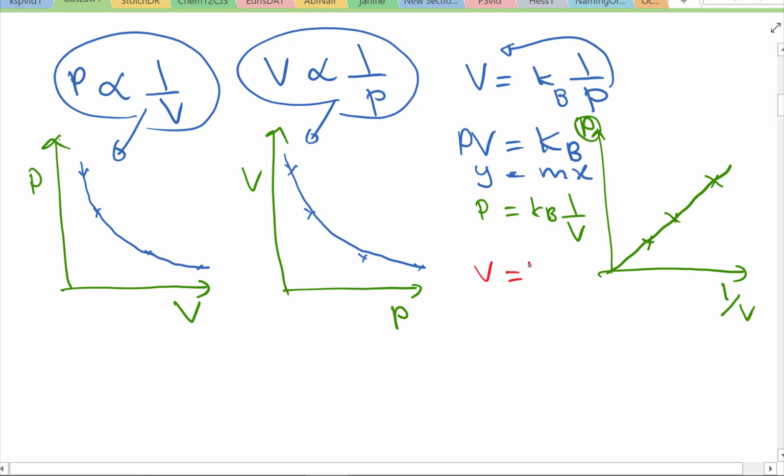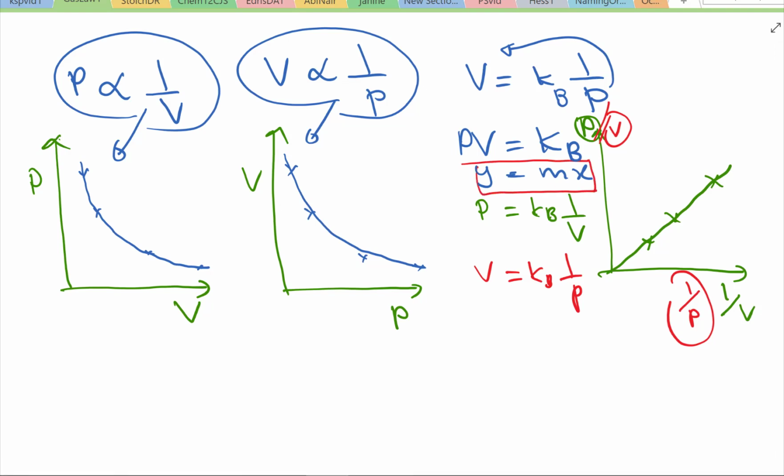That's how you can show that. We can also write V is KB times 1 over P. Then you just put the axes y and x as you need, right? So it's a y is equal to mx type of graph.